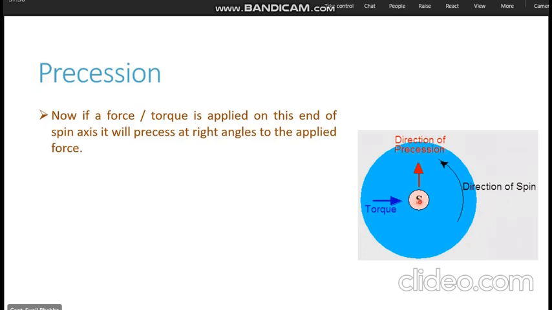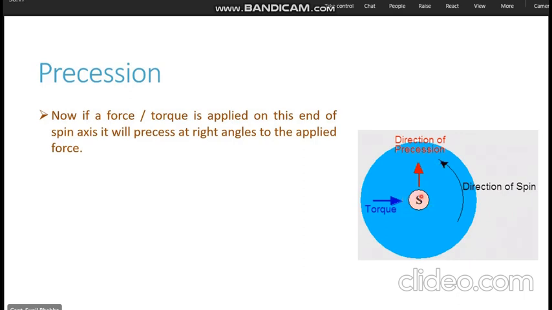Now there are two directions at right angles to the applied force. One is upwards, another is downwards. So which direction is it going to move? This is decided by the direction of spin. You see the direction of spin in this case, looking from the south end, is anti-clockwise.